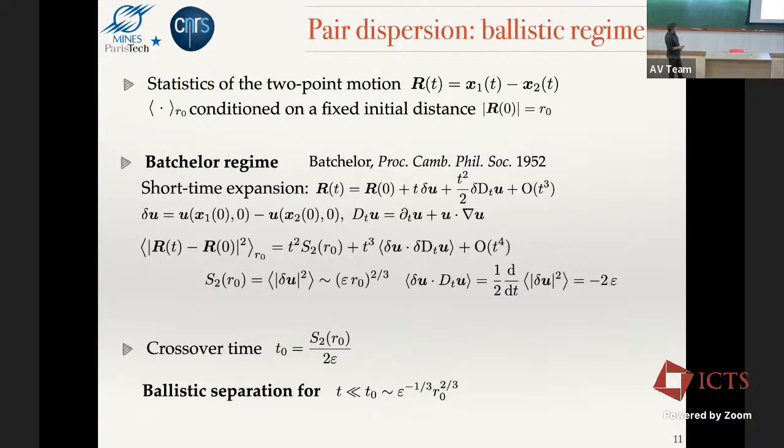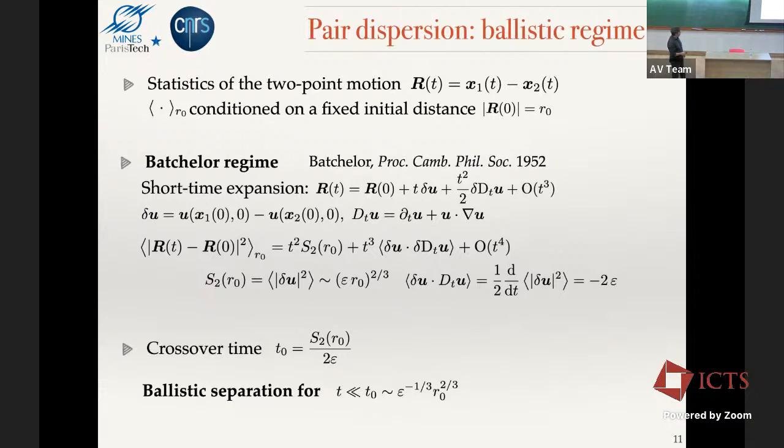Typically for the time evolution of this distance, there are two regimes. The first regime, called the Batchelor regime, dating back to the work by Batchelor, is what happens on very short time scales. I have a finite separation between the trajectories.